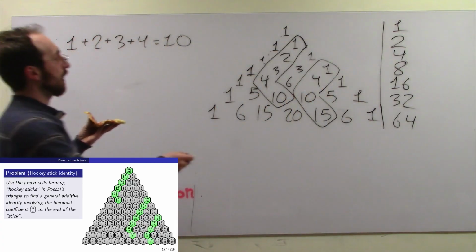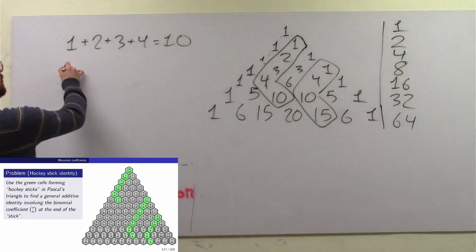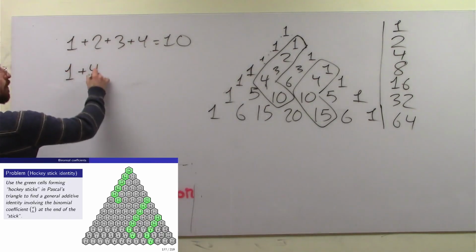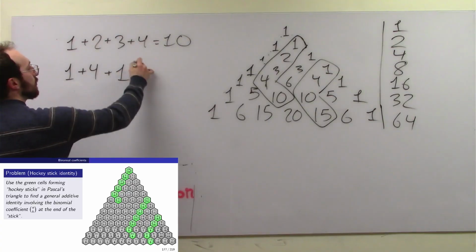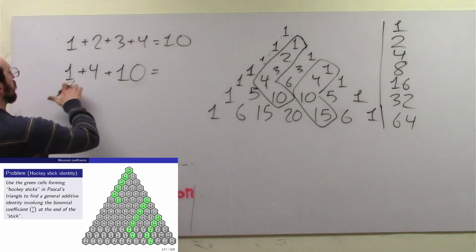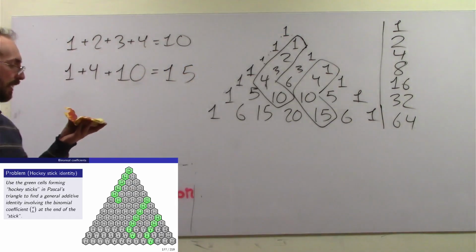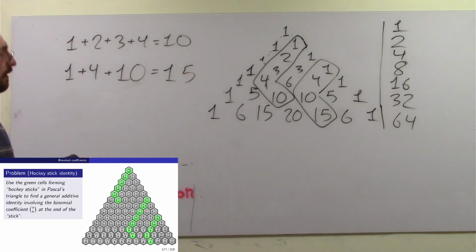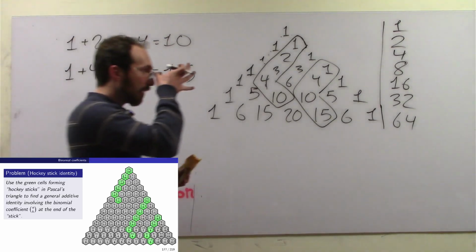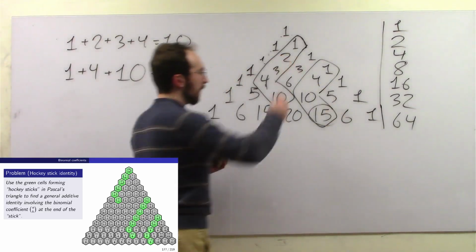But let's look at this guy. Does this follow the same pattern? We have 1 plus 4 plus 10, and that is 15. Okay, we have a pattern here. We take the stick of our hockey stick, add it all up, and we end up with the hockey stick tip.